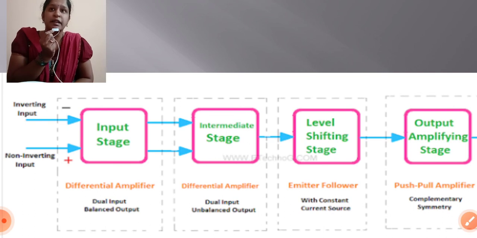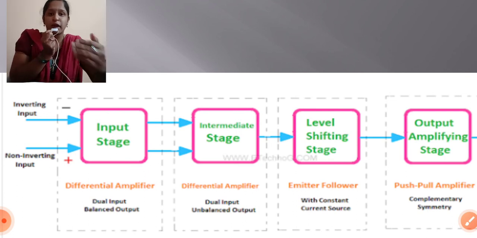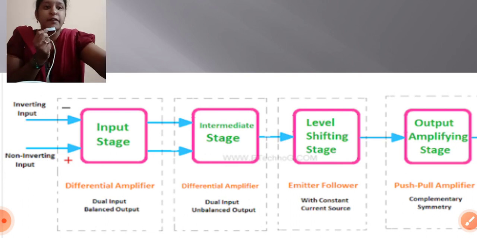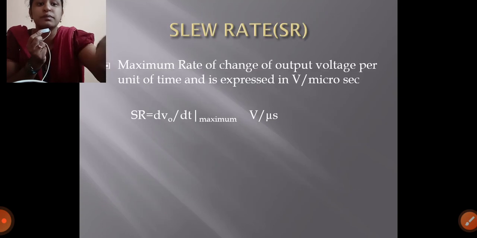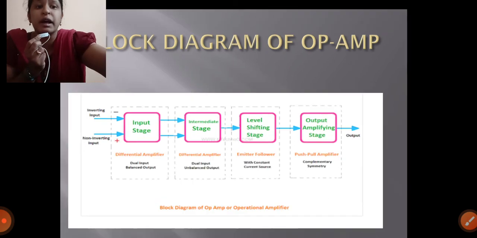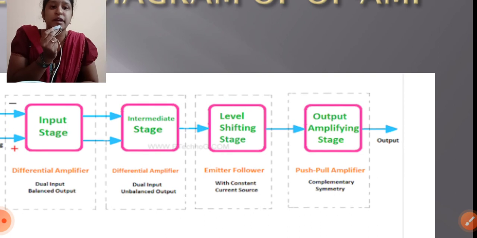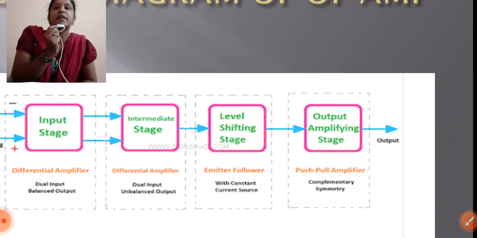Then direct coupling is used. Then it comes to the level shifting stage with respect to ground. In the final push-pull stage, the emitter follower is connected to ground. Afterwards, whatever output is there, it maintains the constant voltage. It supplies to the output amplifying stage, or push-pull amplifier stage, which we can call complementary symmetry.